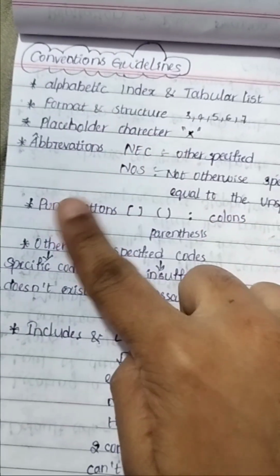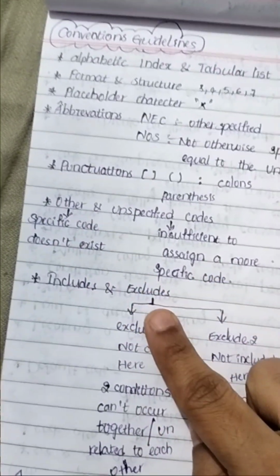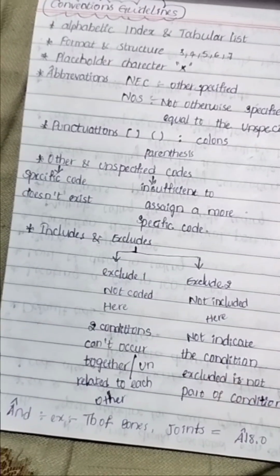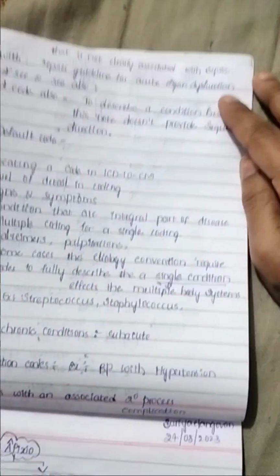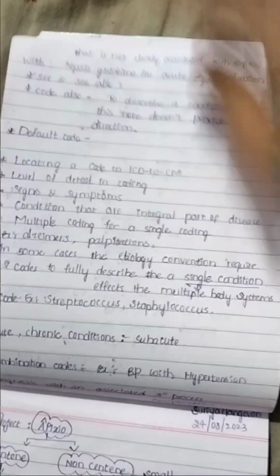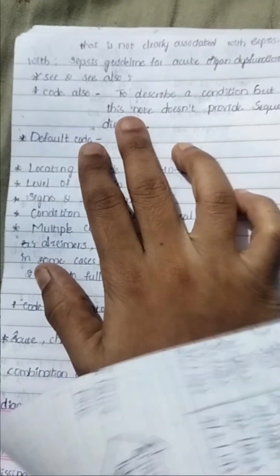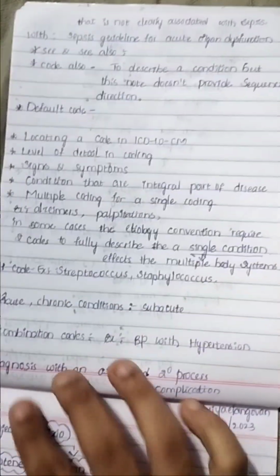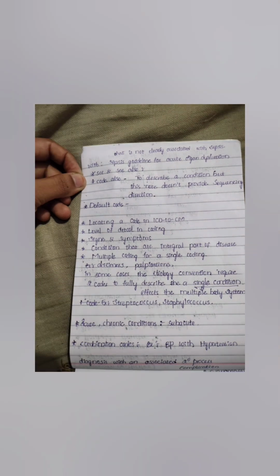And when it comes to punctuations, these are colons and parentheses, which are nothing but brackets. The code can be given in brackets, then it will be specified with these brackets. And unspecified codes, some other codes and unspecified codes are given in the ICD-10 book because they need some specifications.